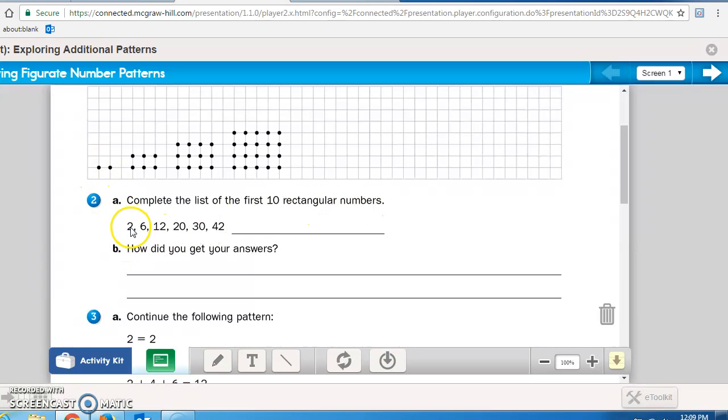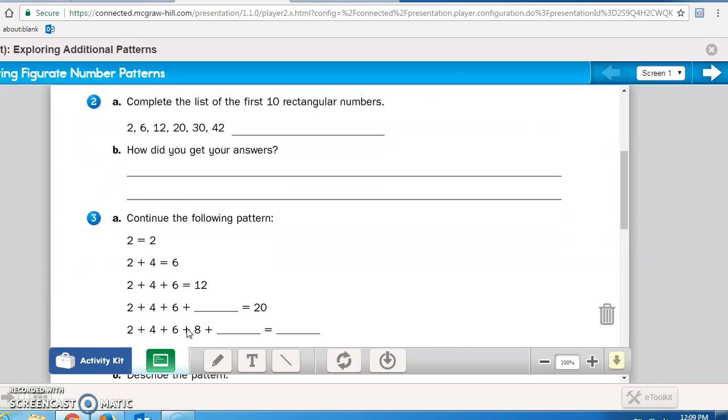So it showed you here 2, here 6, here 12, there 20. So your next one, it's kind of giving you a hint. And then how did you get your answers? Remember my explanation that I did. If you need to, rewind this recording.